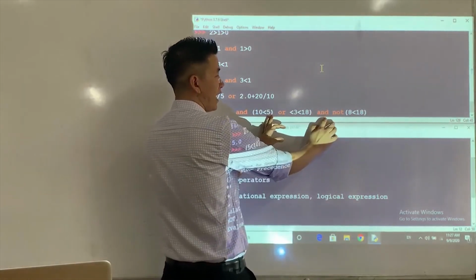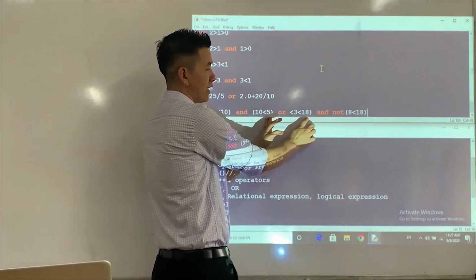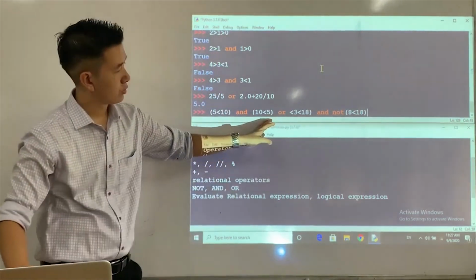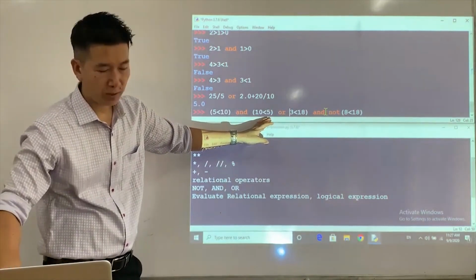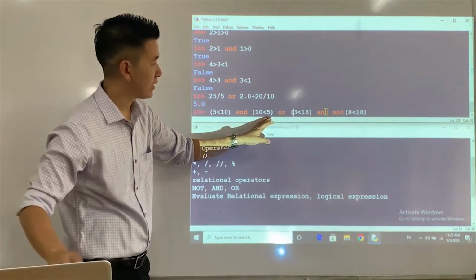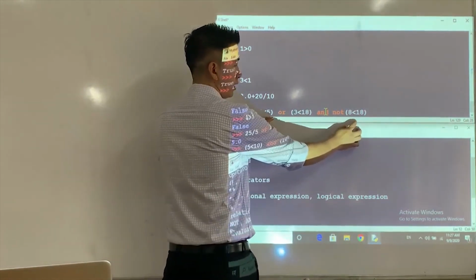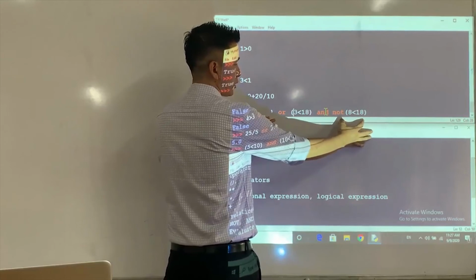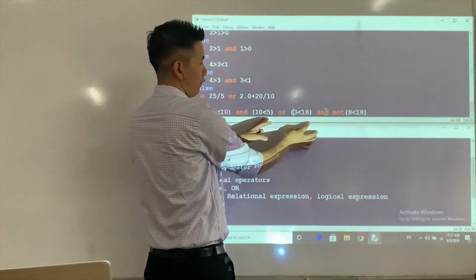Now next up is the and again. 3 less than 18 is true. But remember, this was true, but because of the not, it has changed to false. So true and false will be false.